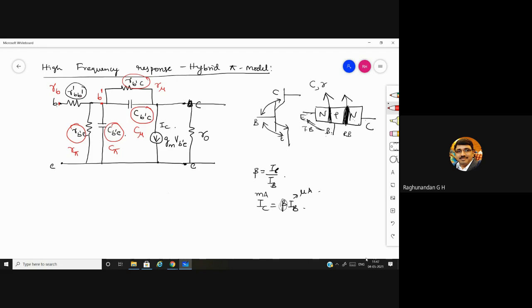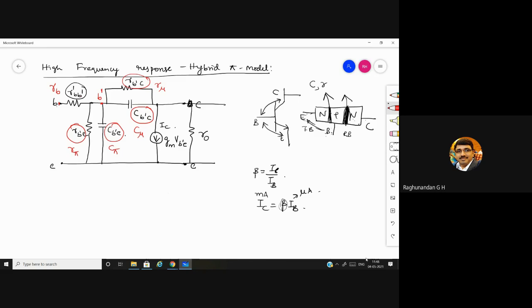So if this question is asked, you have to write it in three cases. The first case is hybrid pi capacitances, where we are having CB'E and CB'C, and we know how CB'C and CB'E are obtained. CB'C is depletion capacitance, CB'E is diffusion capacitance.